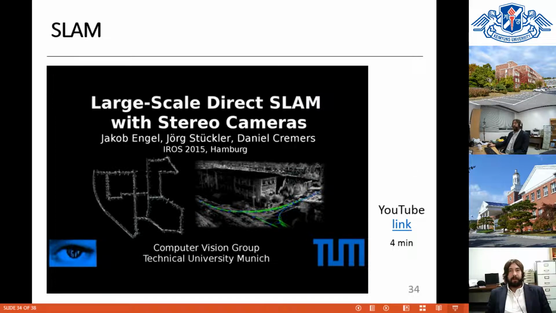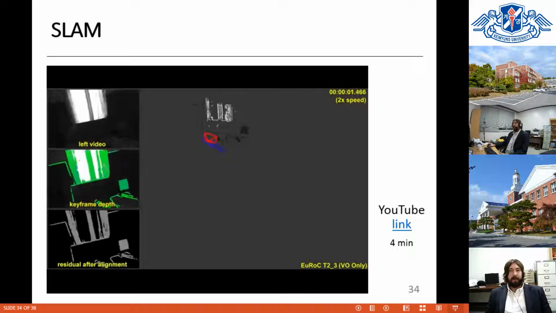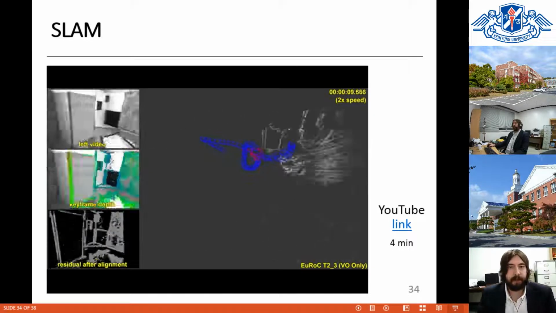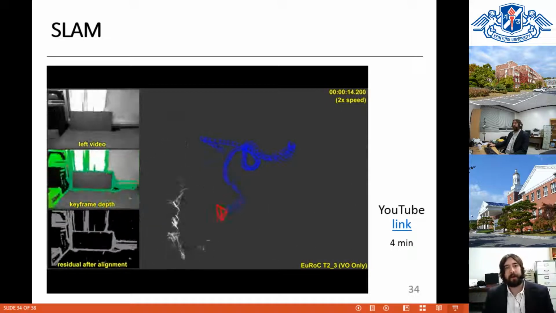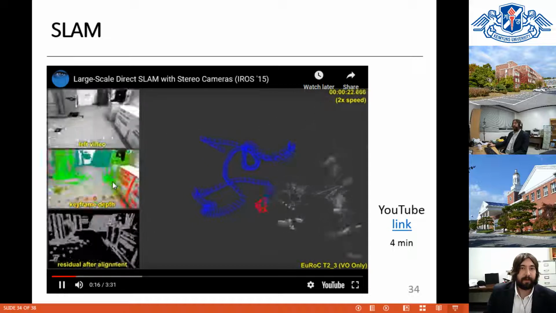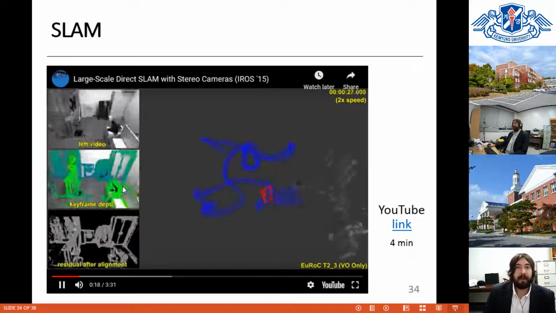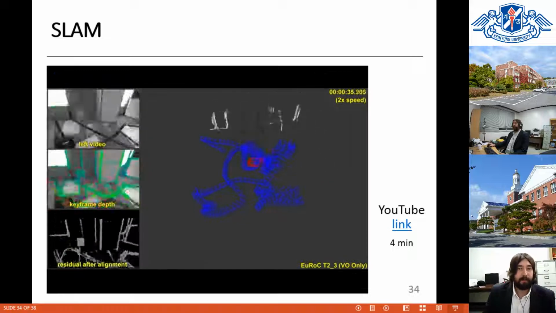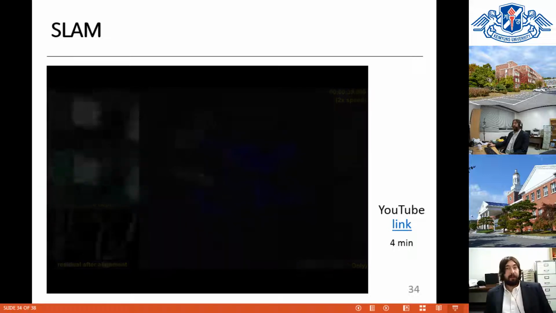It's created by the Visual Group at the Technical University of Munich in Germany. First, this camera is moving inside some room, so it can understand the depth of the images it takes. That's why a 3D model can be built up, because this is a 3D scanner.